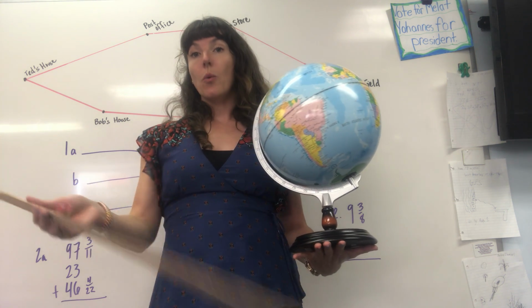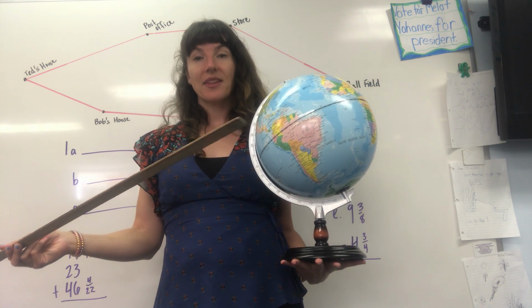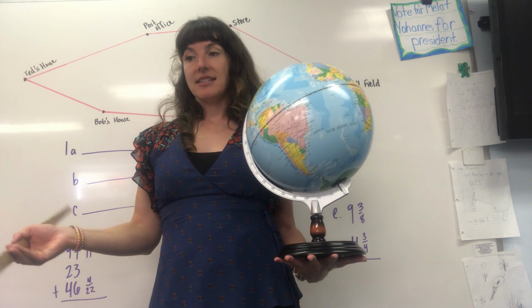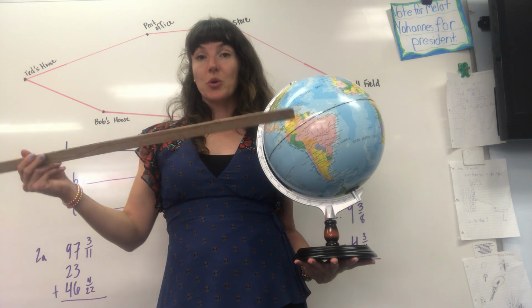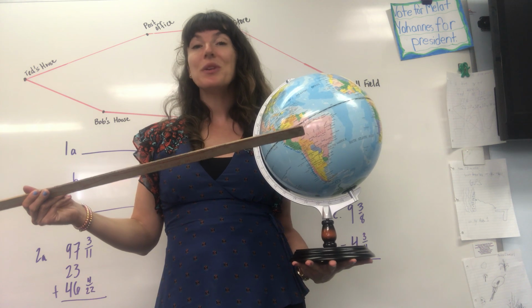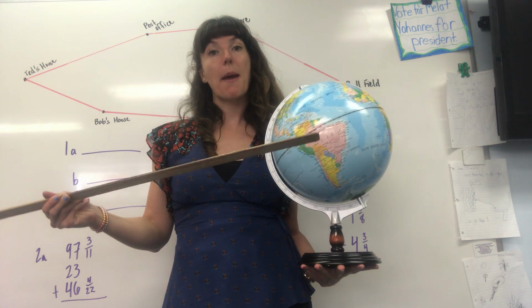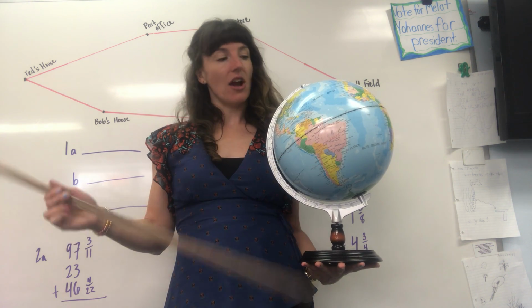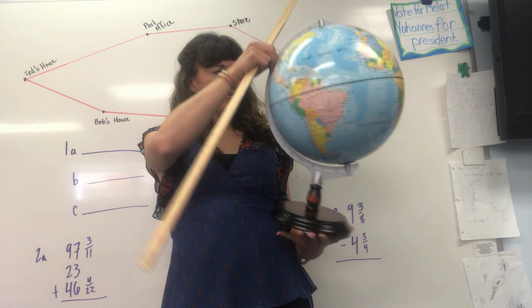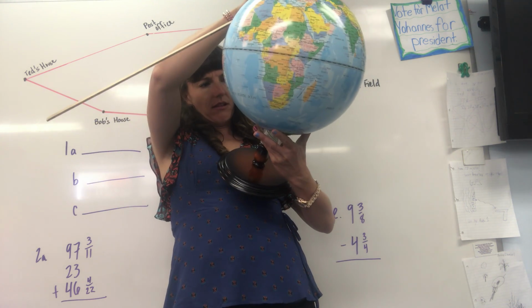So when you use your ruler today, your map says that 1 inch on your ruler actually equals 1 mile. And here, is there a scale?